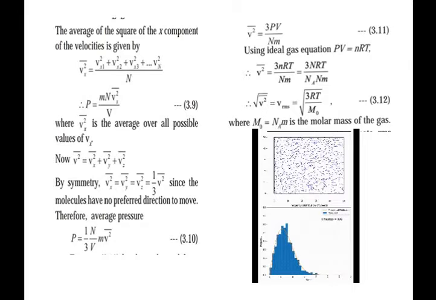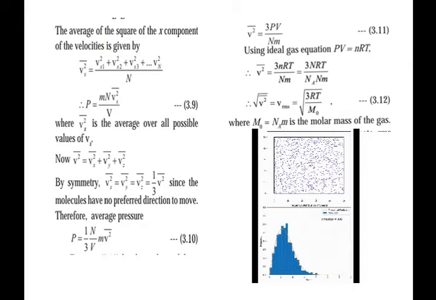According to the resolution of vectors, v bar square is equal to v square x bar plus v square y bar plus v square z bar, and as there is no preferential direction for motion of the molecules, all the components will have equal possibility.